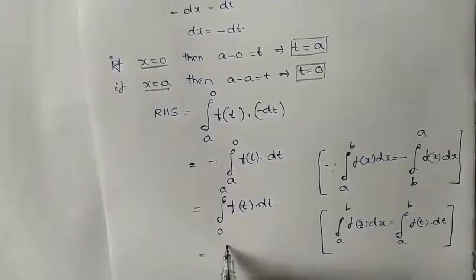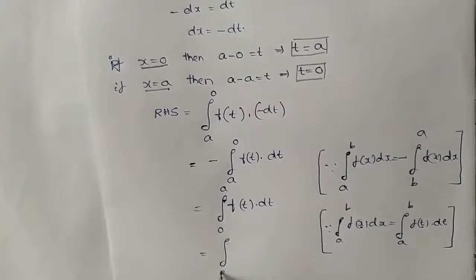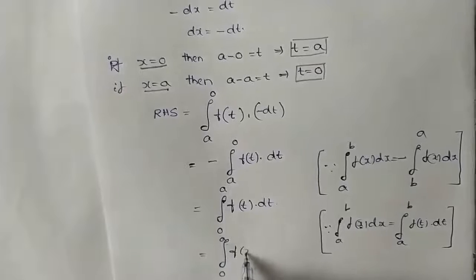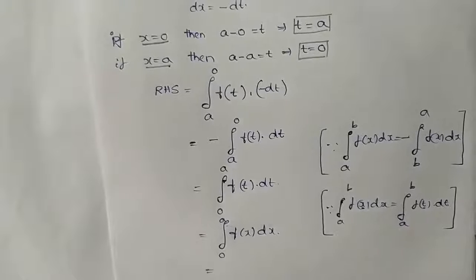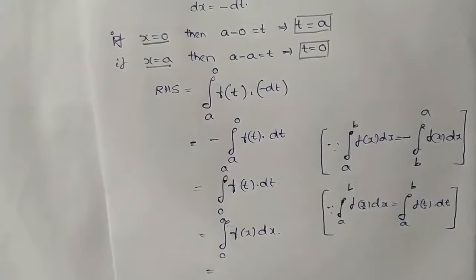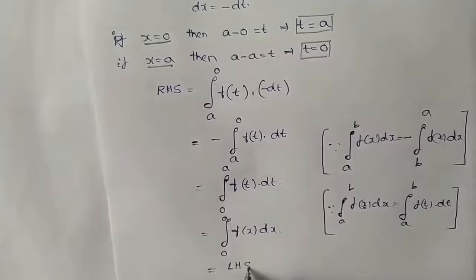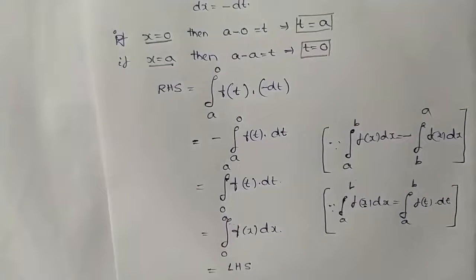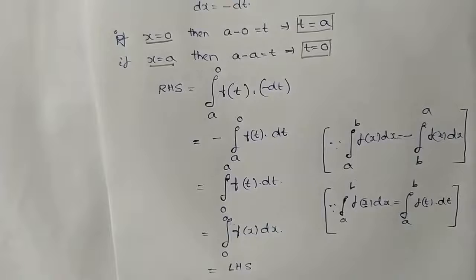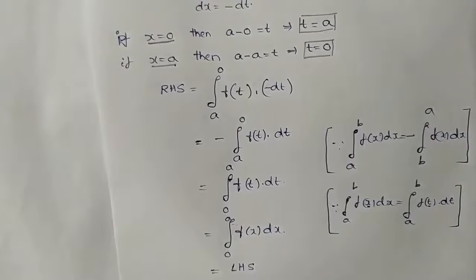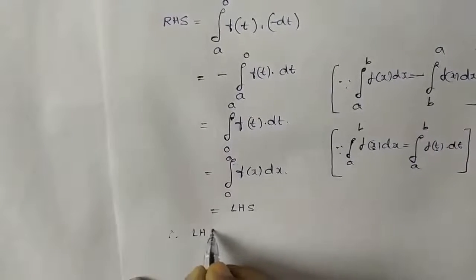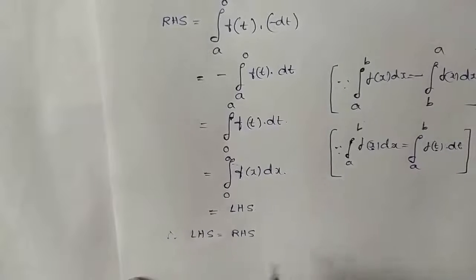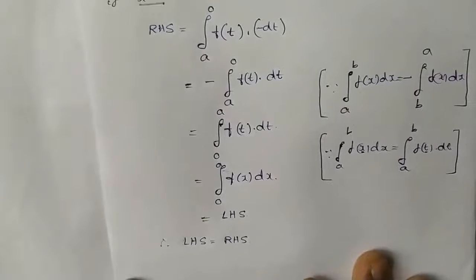So from this property, integration of 0 to a f of x dx, hence we found our LHS part. Therefore LHS, integration of 0 to a f of x dx equals integration of 0 to a f of a minus x dx. Therefore LHS equals RHS. Hence it is proved. Okay, do you understand?